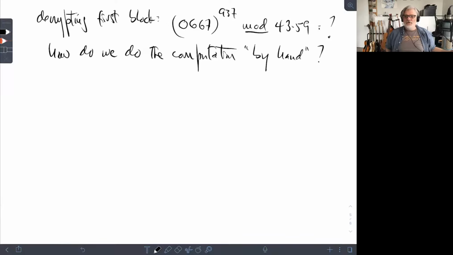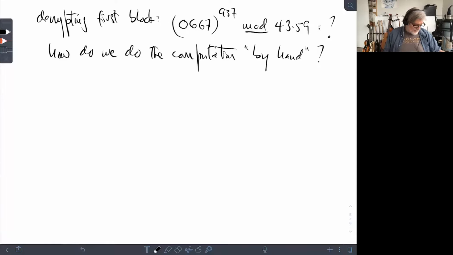I understand the point. The point is not to become experts at doing baby RSA by hand. That's not the point. The point is all the theory behind all the tricks. I mean, these are useful also when you have extremely large numbers to reduce the number of computations to do, right? So here's how I did this.